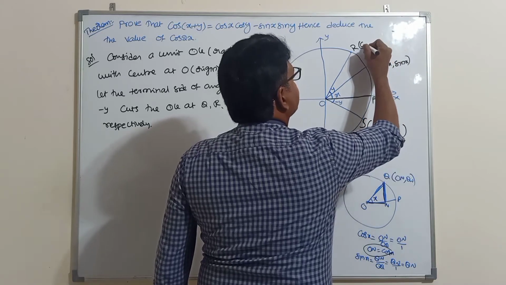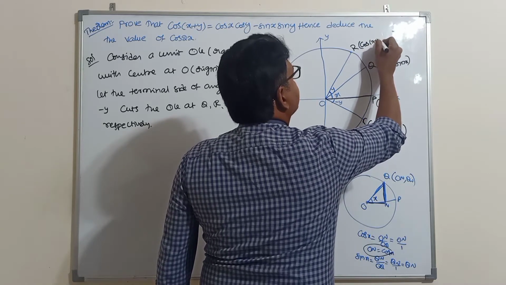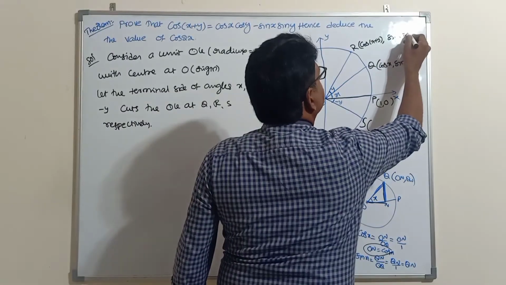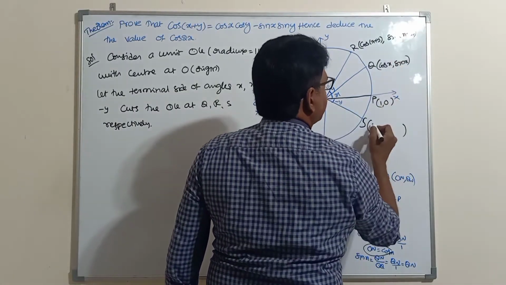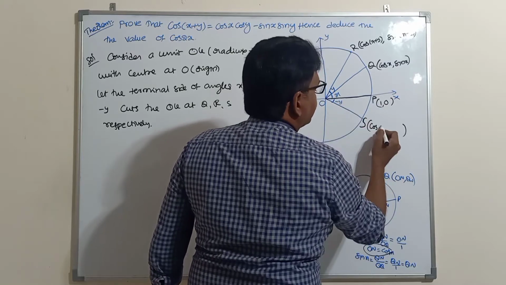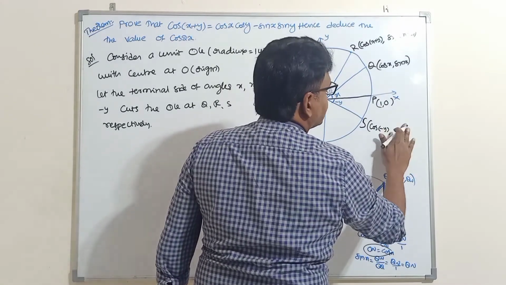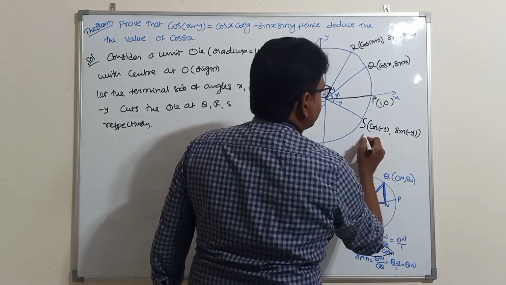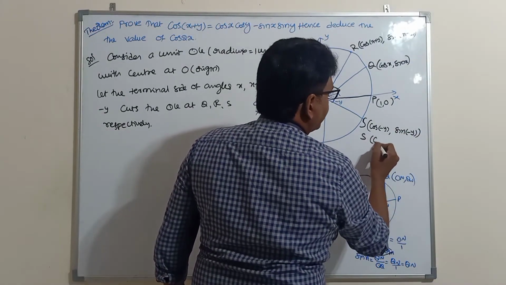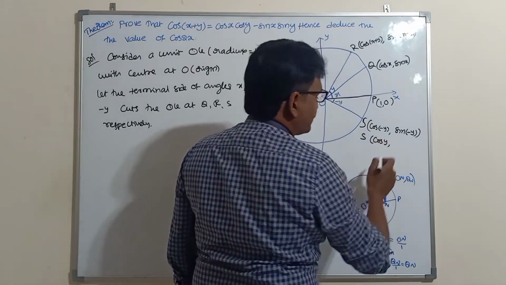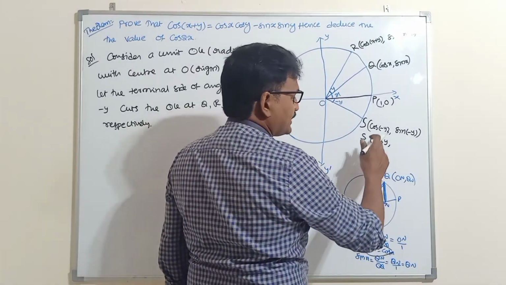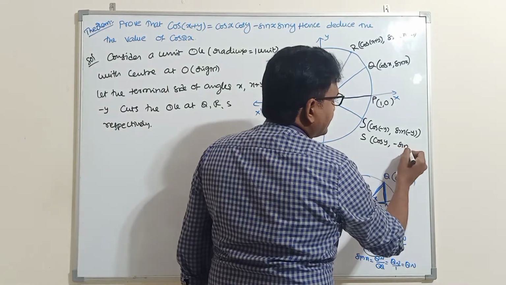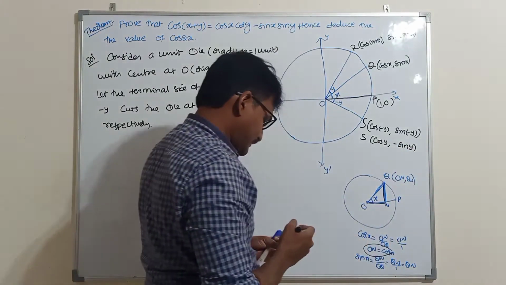Therefore this point is (cos of x plus y, sin of x plus y), and this is (cos of minus y, sin of minus y). So yes, cos of minus y I already explained to you in an earlier concept. Cos of minus y value is cos y, sin of minus y value is minus sin y.